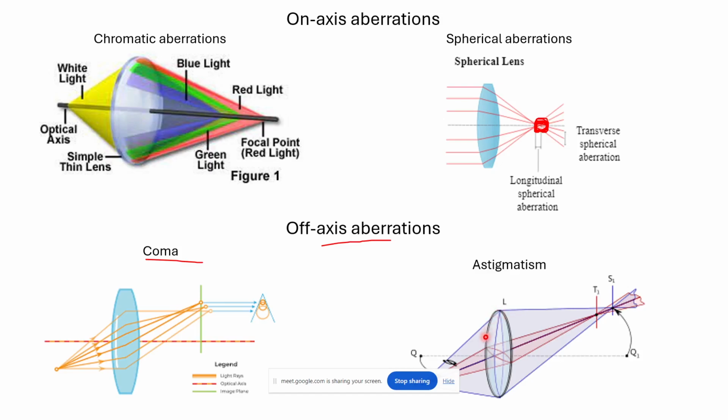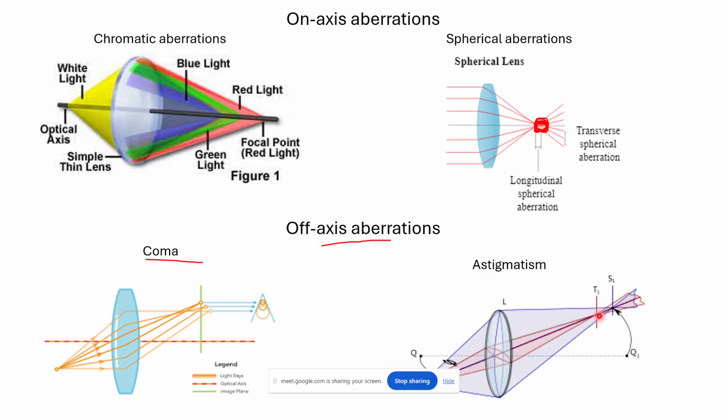So if this L is your lens, the oval shaped one, and this blue one is your tangential lines and this red one is your sagittal lines, then the rays transmitted by the blue are focused at one point, and the perpendicular red ones are focused at a different point.